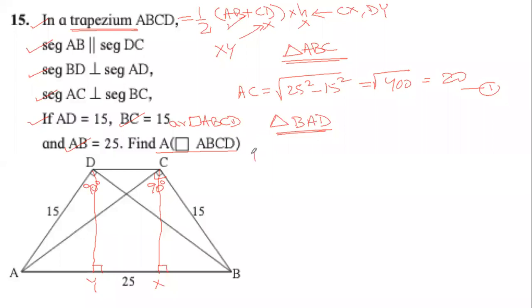So we can find BD using Pythagoras theorem as the square root of 25 square minus 15 square, which is 625 minus 225, the square root of 400, which is equal to 20. When we are writing the solution, we can write the full working for triangle ABC, AC. For triangle BAD, BD, we can simply write similarly in triangle BAD, BD equals 20. That should be enough.